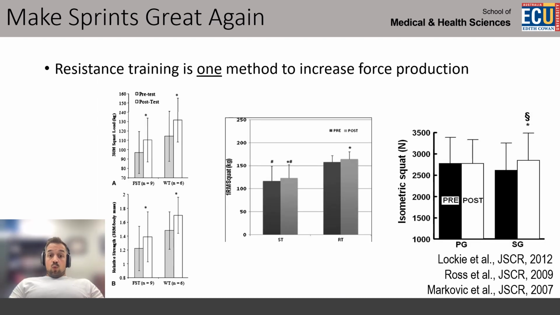So we know that weights can improve your leg extension strength, and then in the next step, your sprinting performance. But does exposing yourself to maximum sprinting velocities increase your leg extension force abilities?